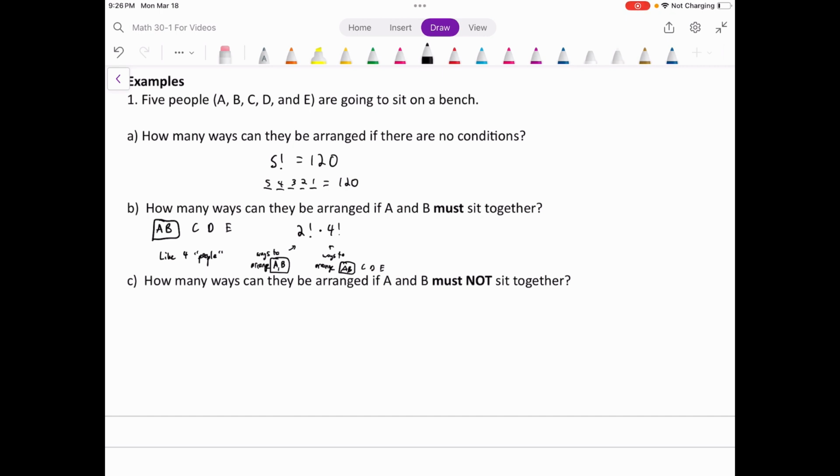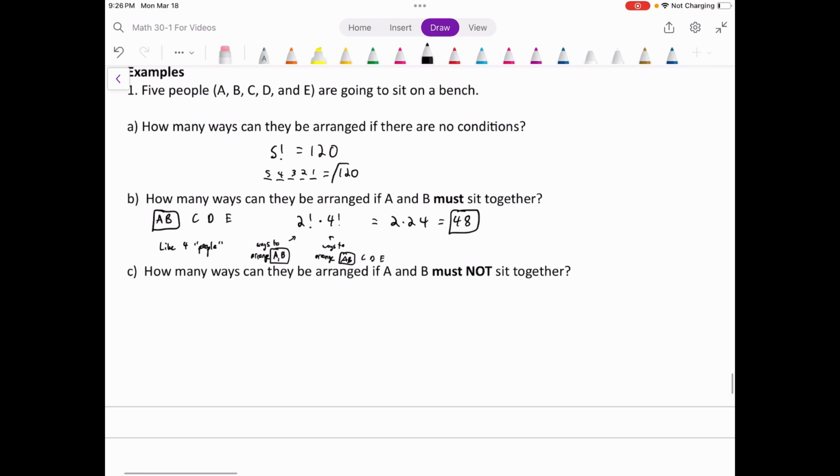Well, that's just 2 times 24, which is 48. Okay, so there's 120 total ways all 5 people could possibly be arranged. In 48 of those arrangements, they are together. That's what we just found. We found all of the possible ways where they are sitting together.